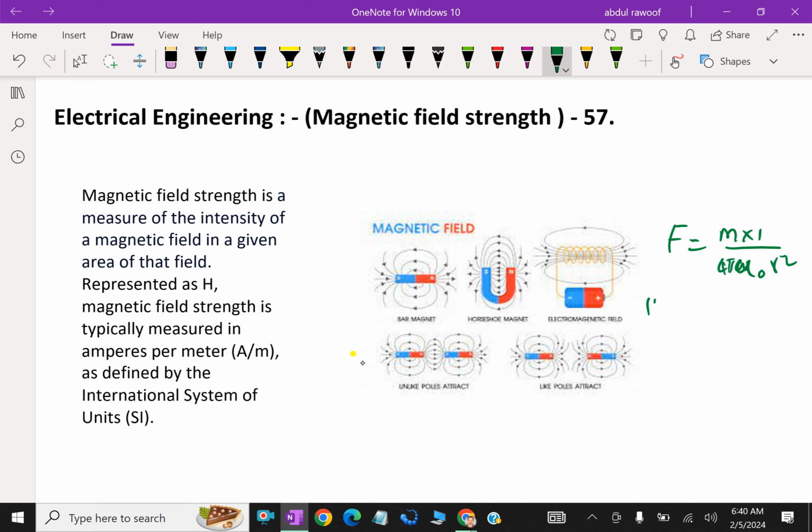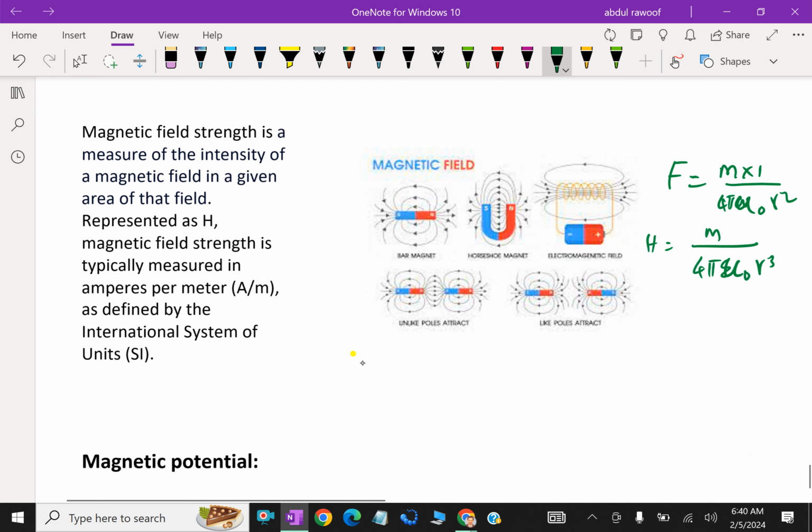Then H equals m over 4 pi mu 0 r cube, which is equal to ampere per meter.